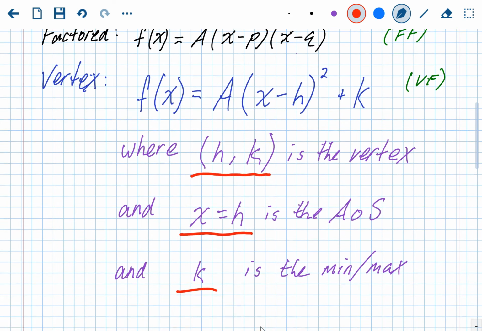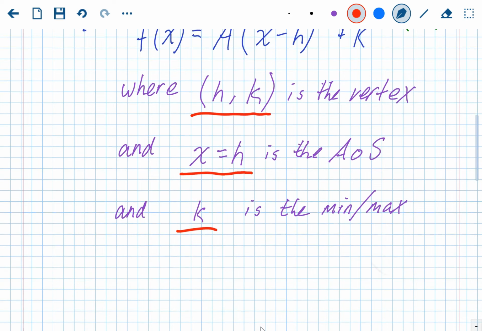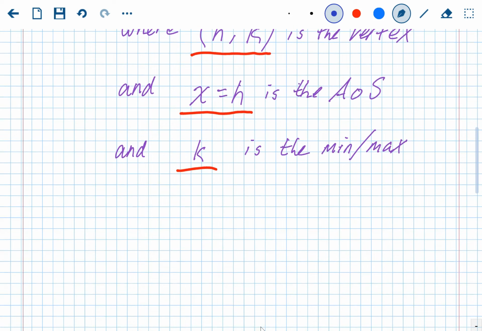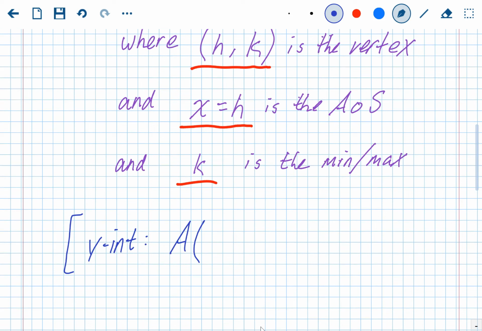Now, the vertex form really only tells you vertex stuff. Doesn't tell you much other information. You could find the y-intercept by plugging in 0 for x. Okay. But it doesn't make it a whole lot easier. So kind of off to the side, we'll say the y-intercept would be a times negative h squared plus k.